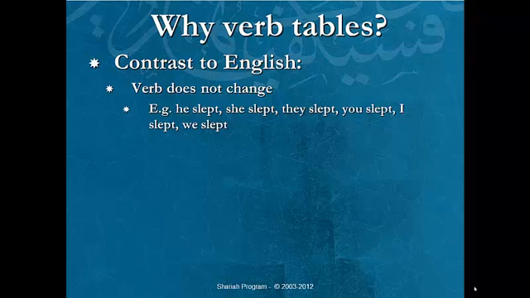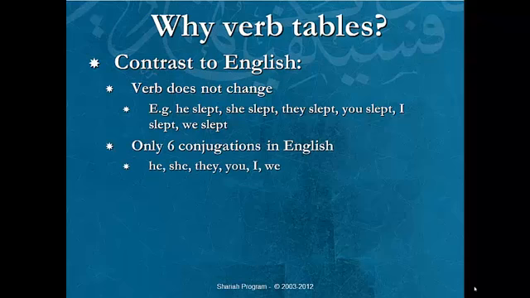And the other reason is because there's not so many of them. In English, there's only 6 pronouns, and that's because a lot of them are recycled more than once. Regardless of whether you're speaking to a male or to a female, you say you. Regardless of whether it's one or a group, you say you. But in Arabic, we're going to have different ones.